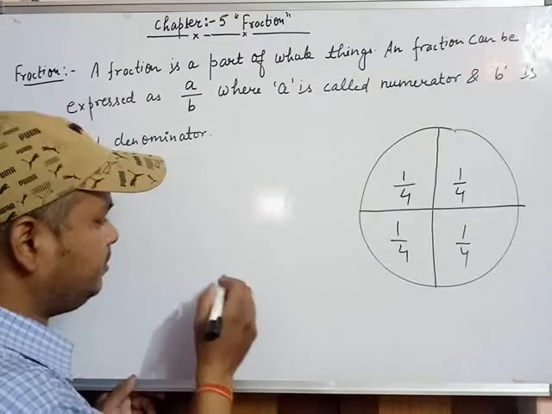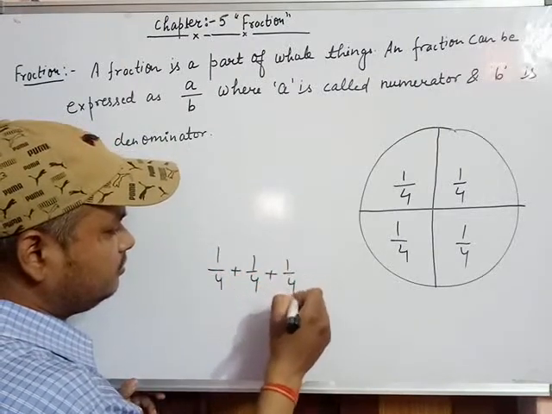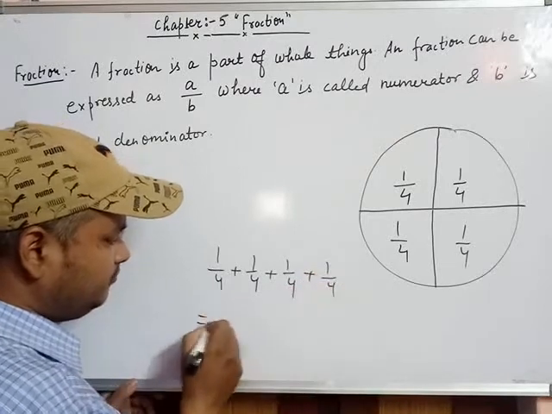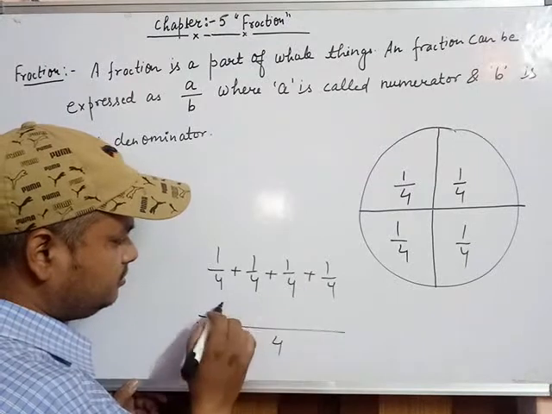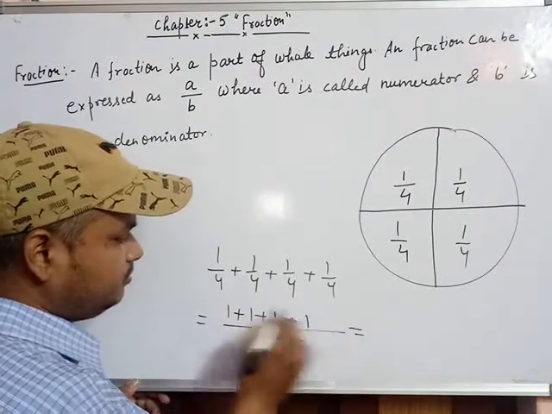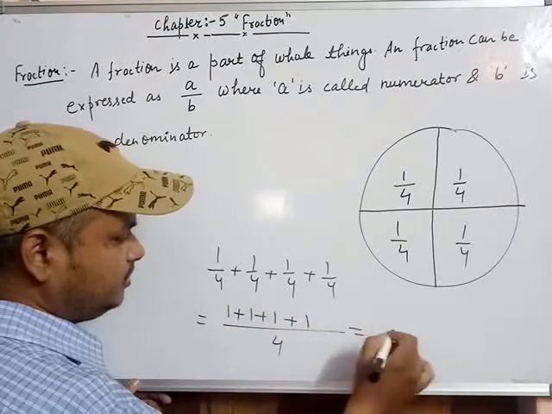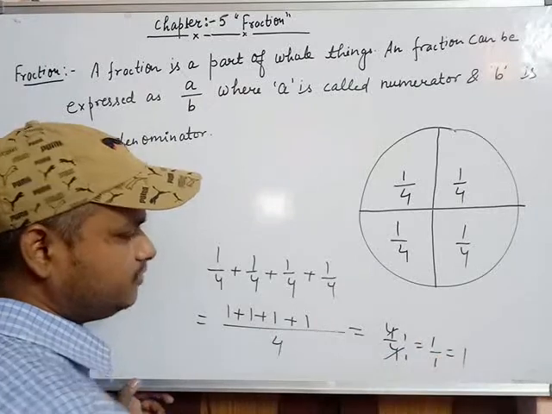And if we add all the parts, then here 4 is the LCM, and 1 plus 1 plus 1 plus 1, you have to add the numerators, then we will get 4/4. It means 1/1, that is 1.